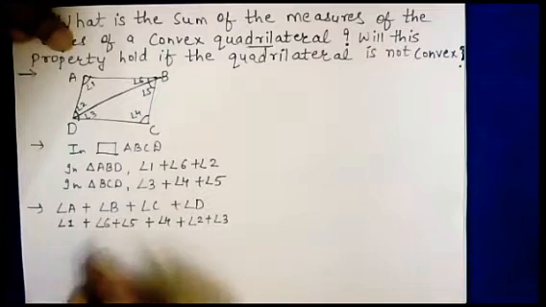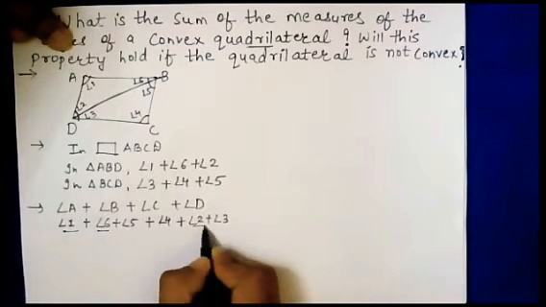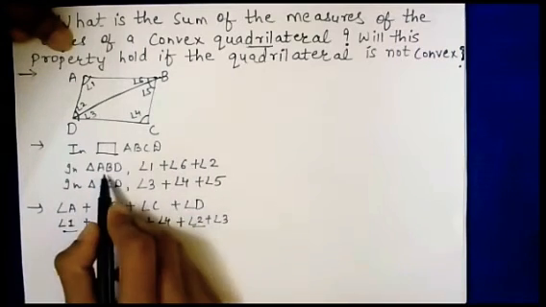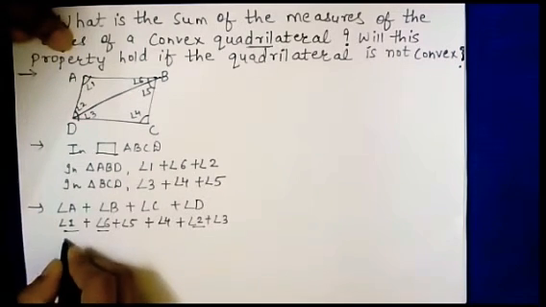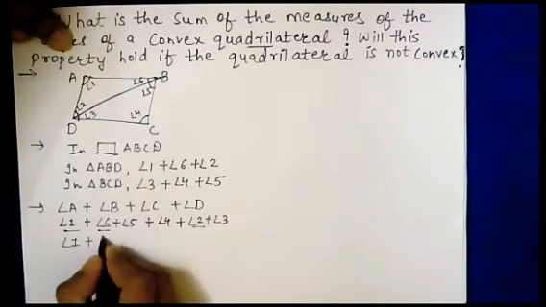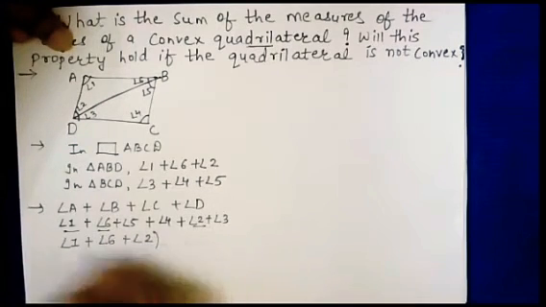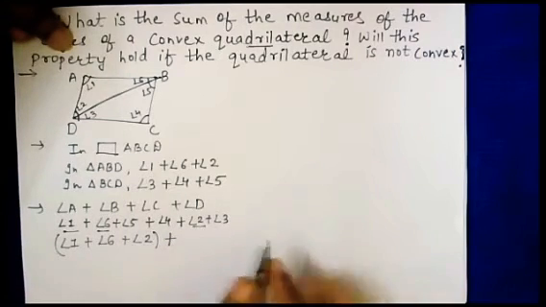Now we arrange angle 1, angle 6 and angle 2 together, because these three form a triangle. So first we write angle 1 plus angle 6 plus angle 2. Plus what is remaining?